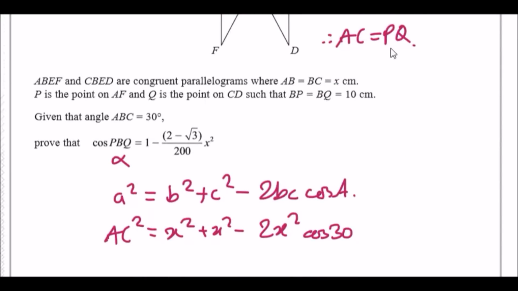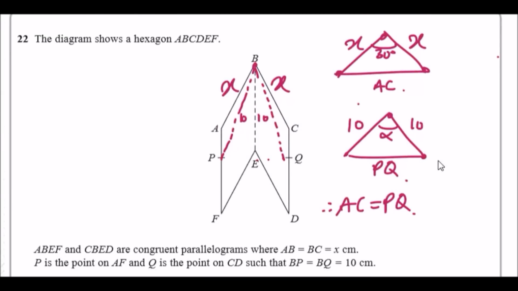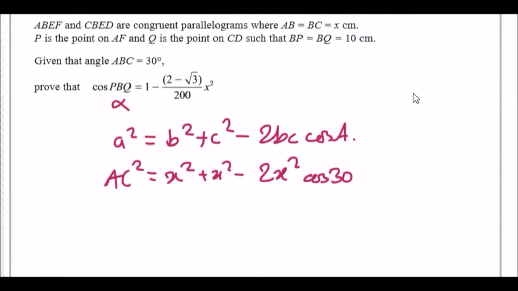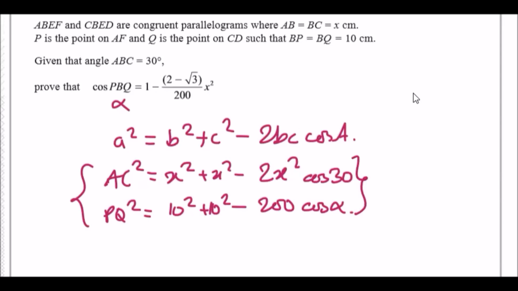The second equation for the other triangle will be the same thing, with PQ being the little a and alpha being the big A, and the tens being the b and c. So this gives us PQ squared equals 10 squared plus 10 squared minus 2 times 10 times 10, which is 200, cos alpha. And there we go, here are the two equations we're going to work with.